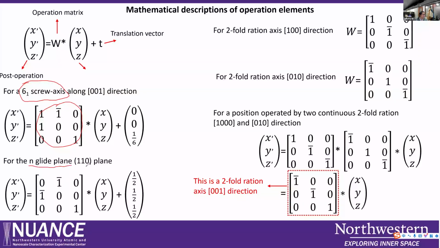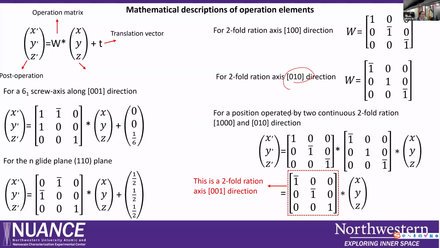Then for a glide plane, the plane is on this plane, and the operation matrix is here. For the twofold rotation axis, this is the matrix. The twofold rotation axis may be along different directions. If 1, 0, 0 is like this, then 0, 1, 0 should read like this.